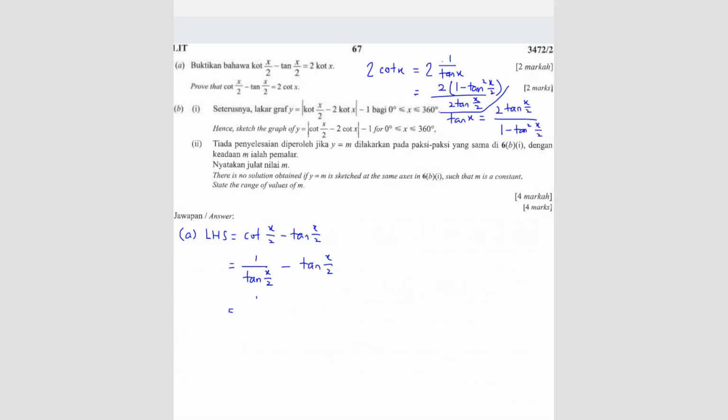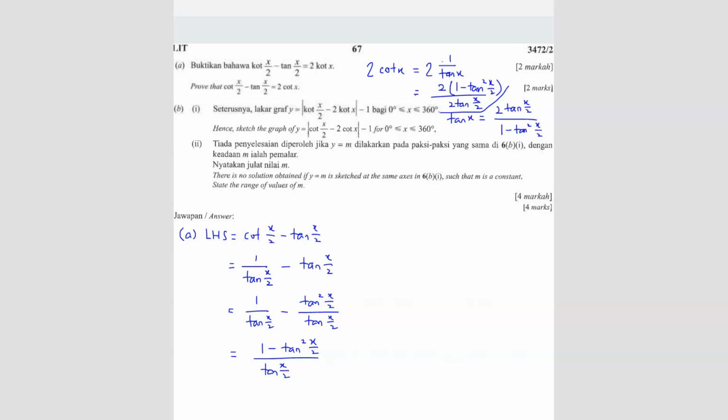So here becomes 1 over tangent x over 2 minus tangent square x over 2 over tangent x over 2. I can combine them, so I get 1 minus tangent square x over 2 over tangent x over 2.